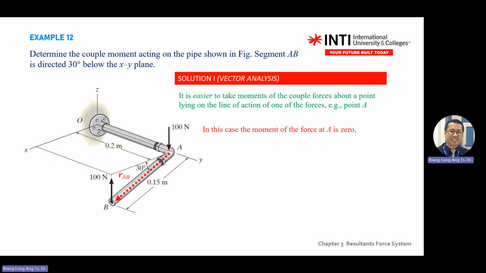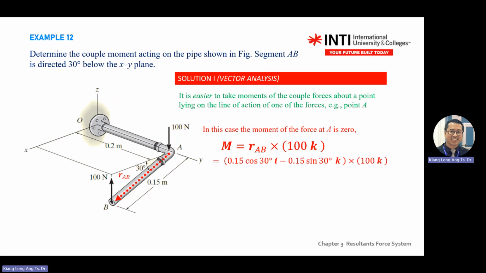Okay. So another way is that you can use RB instead. The moment of the force at A is 0. It means you put your finger here. You don't need to look at the 100 Newton anymore. You only look at the effect of this direction. Okay.